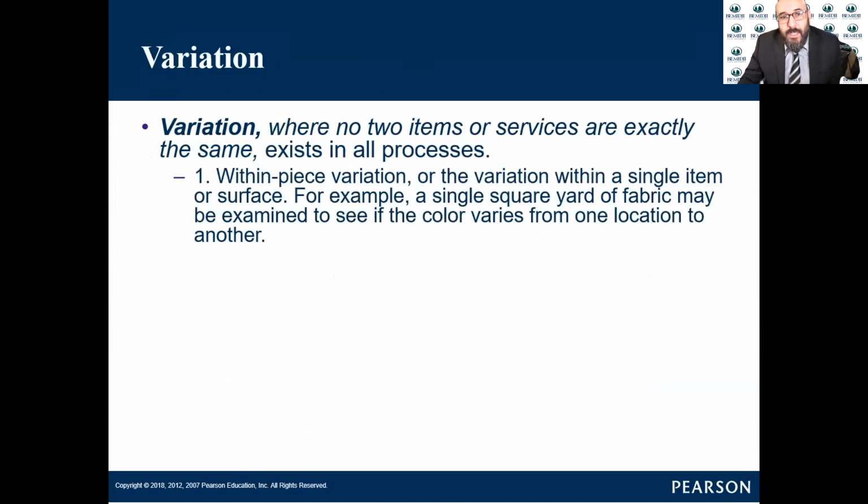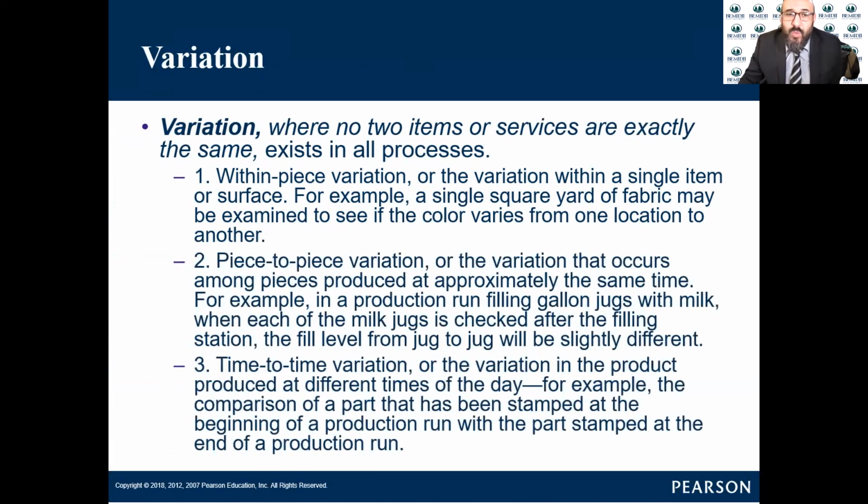Variation means there are no two items or services that are exactly the same, and it exists in all processes. You could find variation within one piece. This is variation within a single item or surface. For example, a single square yard of fabric may be examined to see if the color varies from one location to another. That's what we call one piece variation.